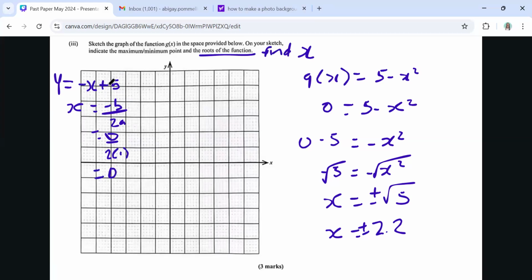So x is 0 in this equation. So I'm going to substitute it for 0. So y, substitute for 0. Oh, this is supposed to be squared. Plus 5. You know that is equal to just 5. So that will be our maximum point. That's how we find our maximum point.